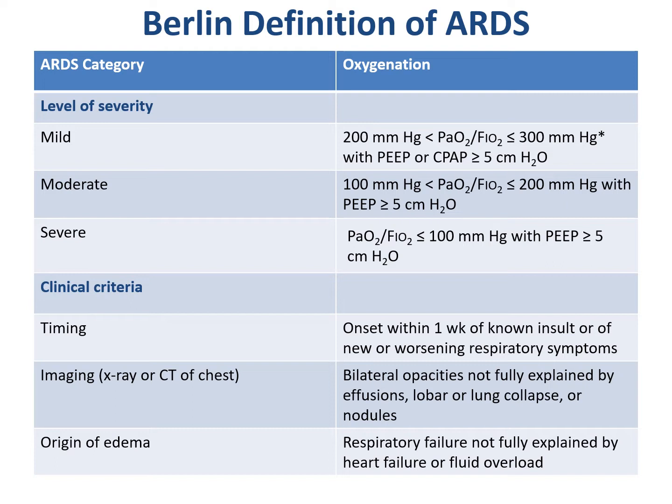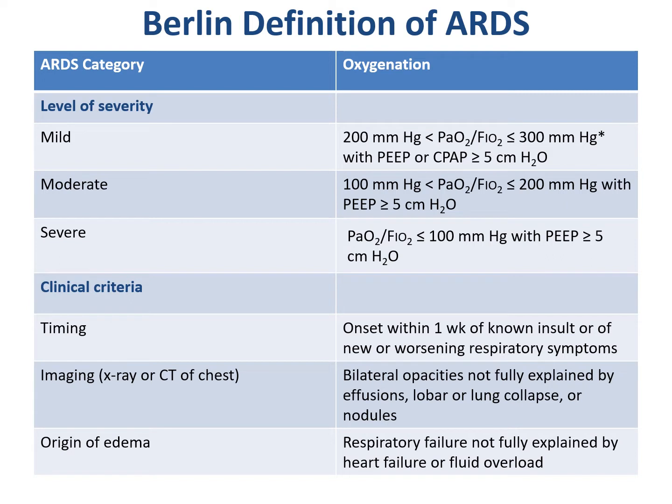In the moderate category of ARDS, we have a PaO2 to FiO2 ratio more than 100 millimeters of mercury and less than or equal to 200 millimeters of mercury with PEEP more than or equal to 5 centimeters H2O. And the severe category is when the ratio of partial pressure of oxygen to FiO2 is less than or equal to 100 millimeters of mercury with PEEP more than or equal to 5 centimeters of H2O.